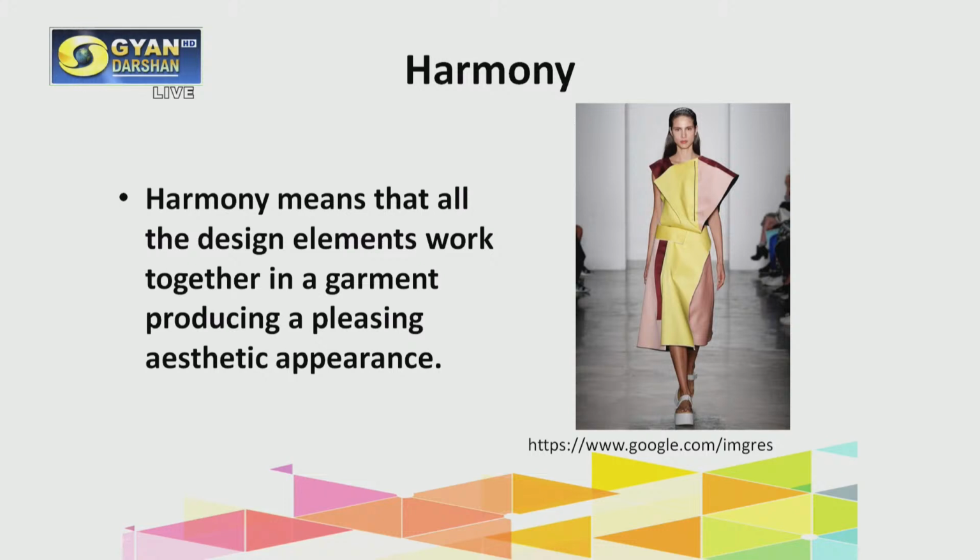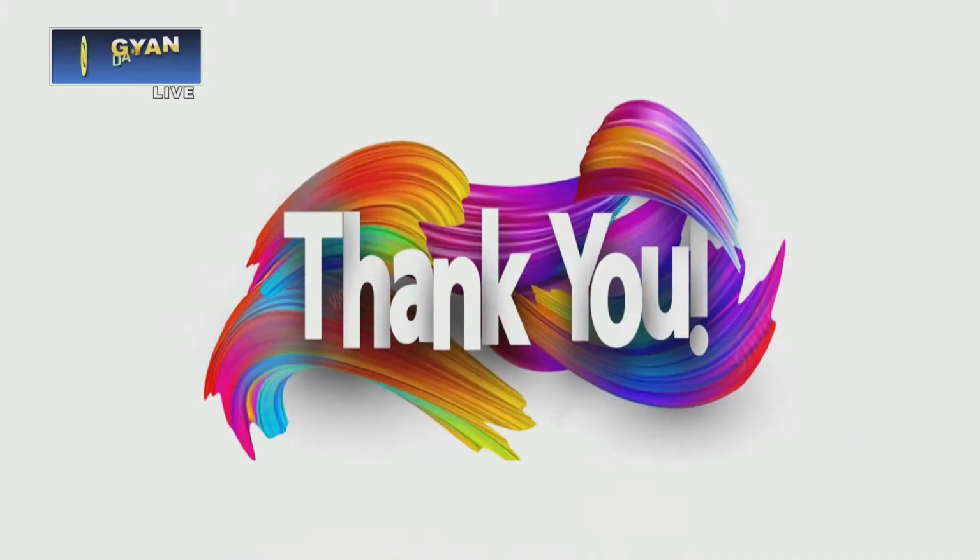So in this picture, the peplum and the geometrical structure given to the dress give some kind of harmony to the dress. So finally there are 5 elements, like proportion, balance, rhythm, harmony, and emphasis. All these principles and elements combined together make a fine garment.